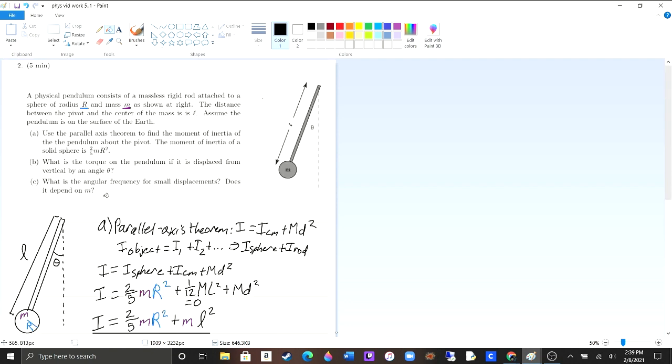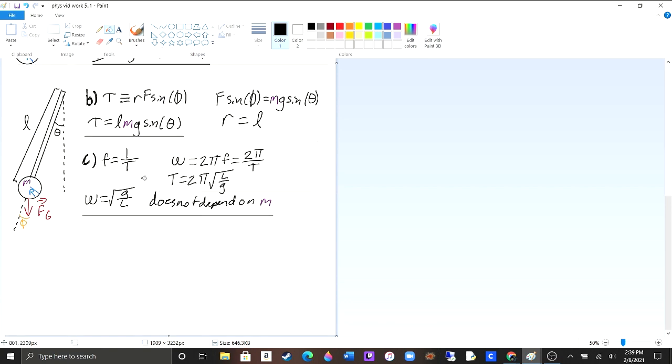And then finally for part C, we're finding the angular velocity for small displacements and whether or not it depends on m. We know that frequency is equivalent to 1 divided by our period of oscillation, and our angular frequency is equivalent to 2 pi times our frequency, which is equivalent to 2 pi over T. And we have our equation for T, which is 2 pi times the square root of our length over g.